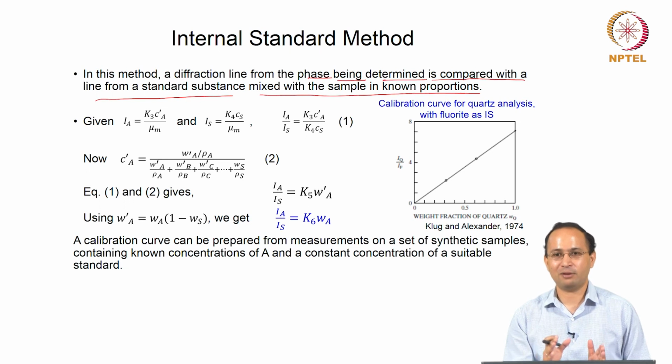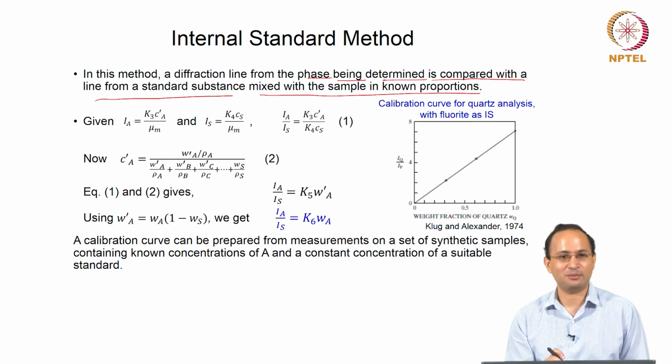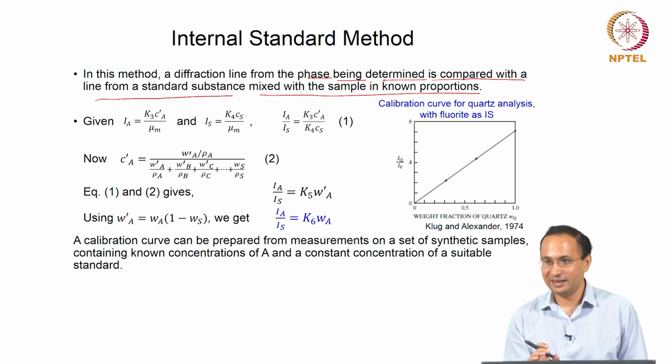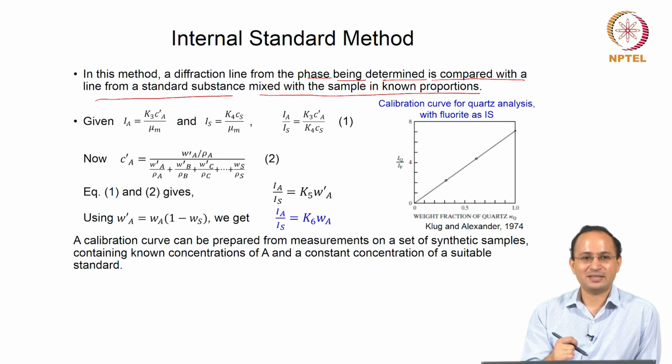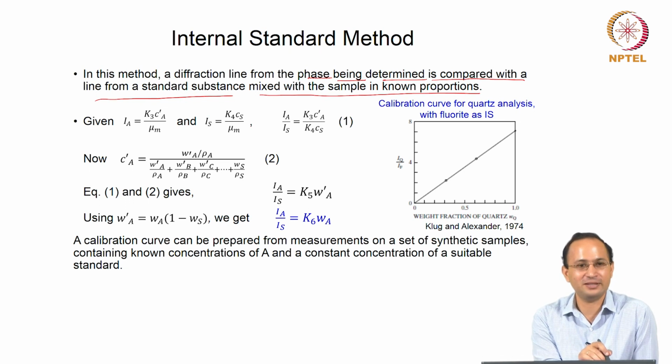You have a sample, suppose alpha plus beta, and you are using a standard S, and I am using 10% of S. So, you added 10% of S to your sample. So, you know the 10%, but it is mixed with the sample, that is why it is called an internal standard. So, again we come back to the intensity equation. See, this equation is very important, now and then we use this.